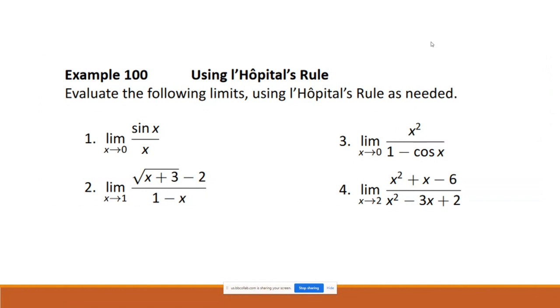We did solve number 1 using the squeeze theorem with a little bit of geometry, looking at the unit circle and the ratio between sin x and x. That was in chapter 1. But all of these can be solved by L'Hopital's rule, and the answer is the same as we got in chapter 1. So let's try this.